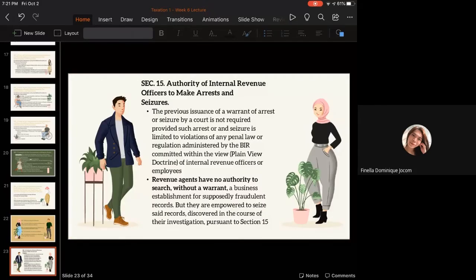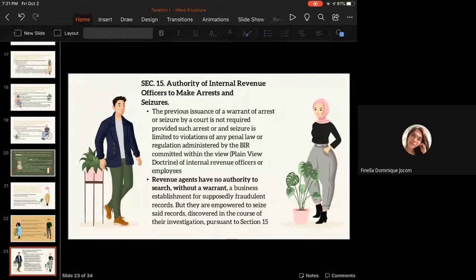So Section 15, another important provision for the revenue officers to make arrests and seizures. Okay. The previous issuance of warrant of arrest or seizure by court is not required for violations of penal law or regulation administered by the BIR within the plain view doctrine of the internal revenue officers or employees.